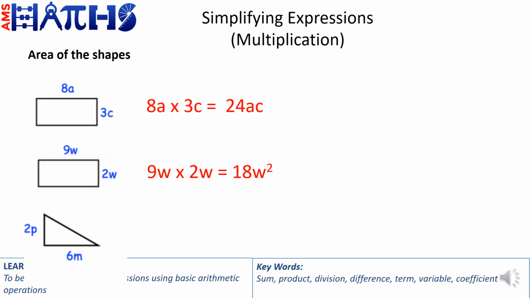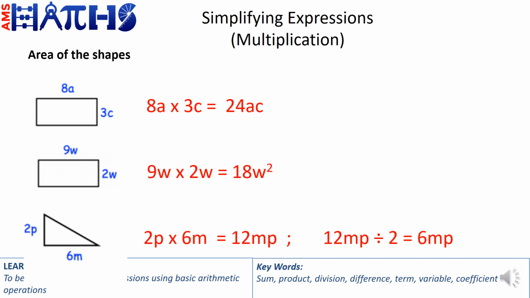Now for the triangle, the formula for working out the area of a triangle is base times height divided by 2. So first, I would multiply the base and the height, and the base is 6m and the height 2p. So base times height will be 12mp.